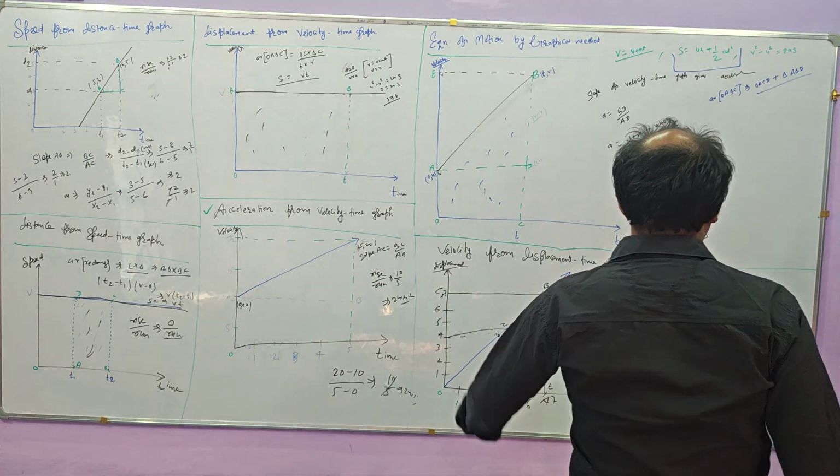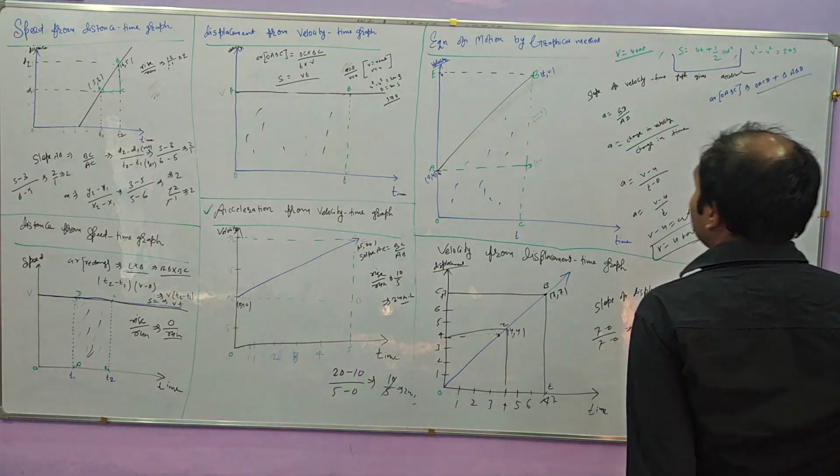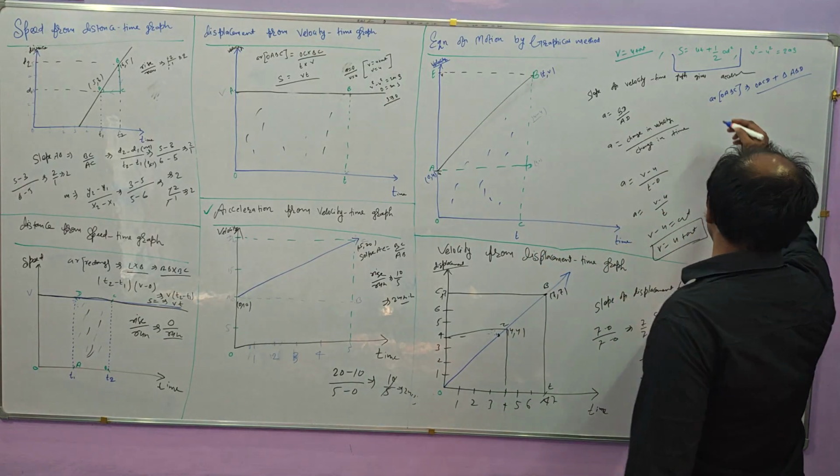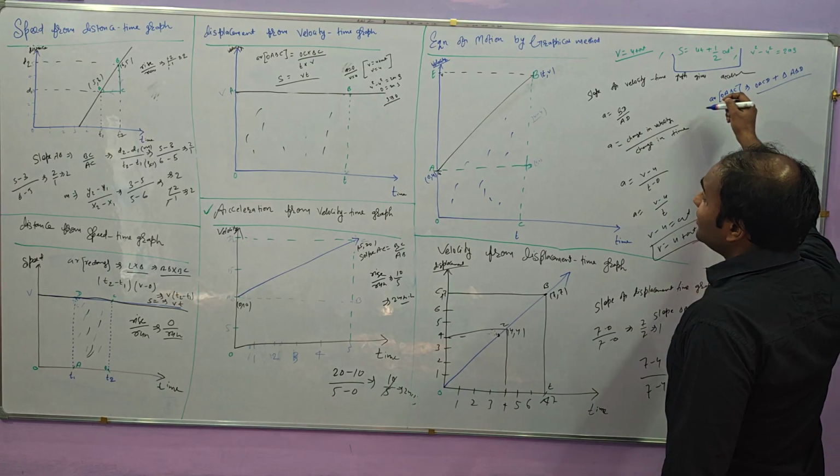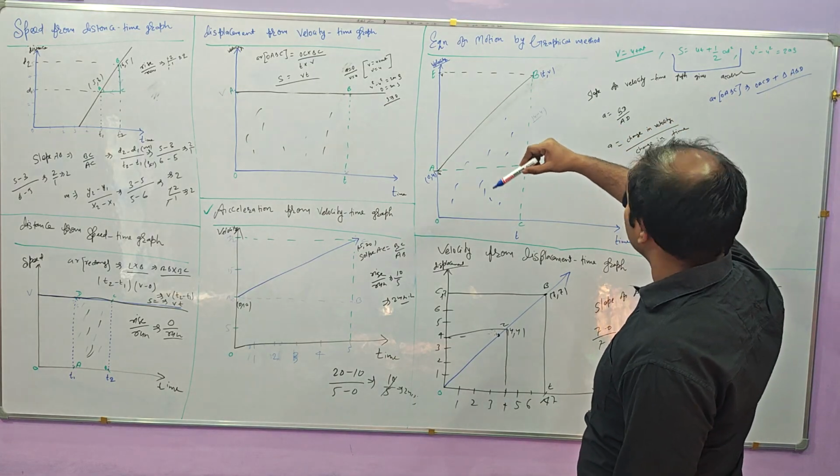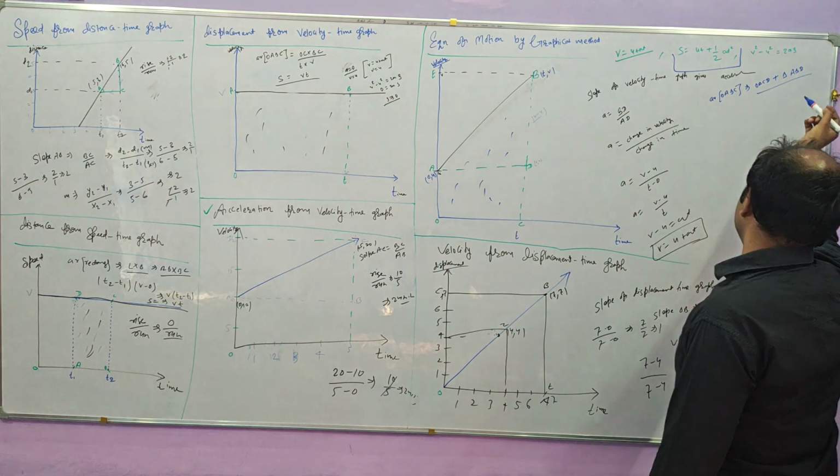Now we have a rectangle. Area of a rectangle is what? Basically we are talking about the area under the velocity-time graph, which gives displacement.